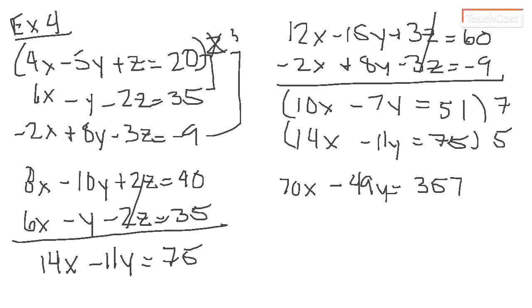And then my bottom row is going to be 70x minus 55y equals 375.